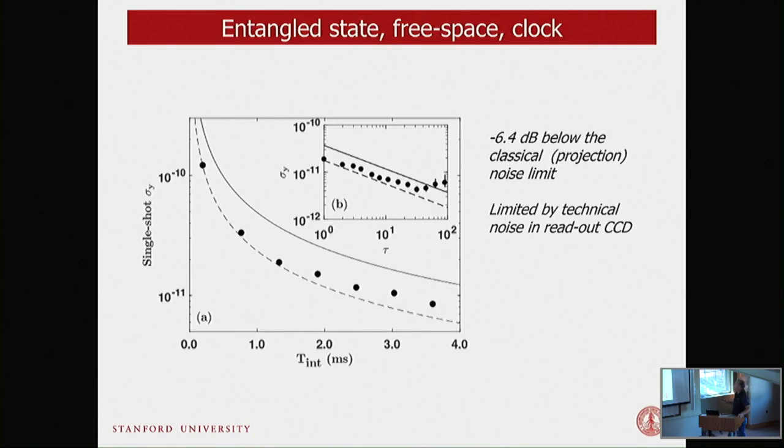With this fluorescence readout, we are basically 6.4 dB below the classical projection noise limit. And this is a parametric study of clock Allan deviation as a function of the interrogation time of the clock. You can see that this clock runs at a very low rep rate, one shot per second, so we're not going to expect a beautiful clock, but it's starting to get pretty good.